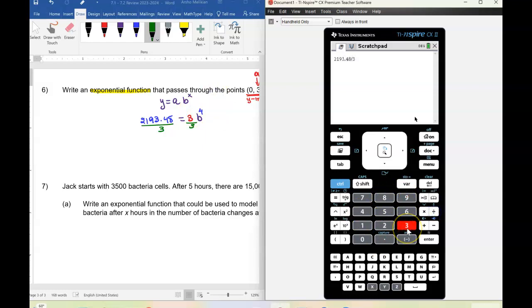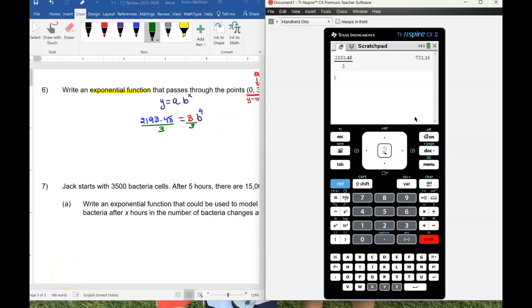What would b usually be? B is the rate. Okay, so go ahead and plug this in. Okay, so here we do get 731.16. So let's write that down. Is equal to b to the power of 4.